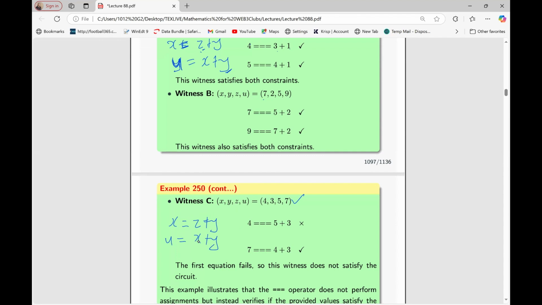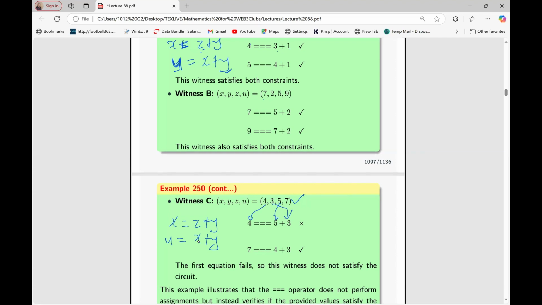So you just insert x, insert z, and insert y, and see whether they're correct.